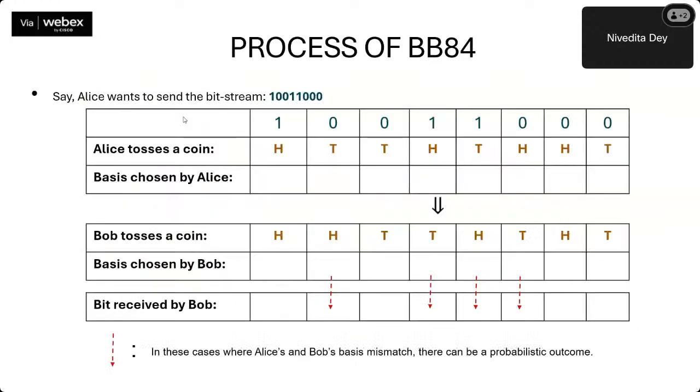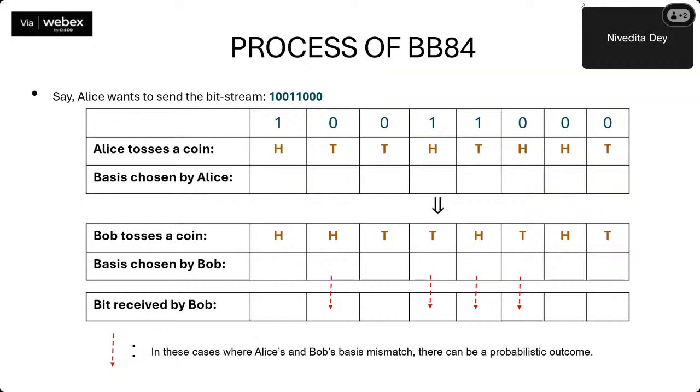Okay. Now, on tossing the coin, Bob can also have a different kind of basis, right? Because the way Alice and Bob both toss a coin, there is no guarantee that the toss outcomes will be the same. So Bob will be tossing the coin in his own way, and on tossing the coin, similarly, Bob will also try to encode it.